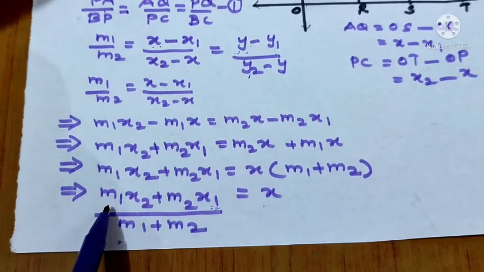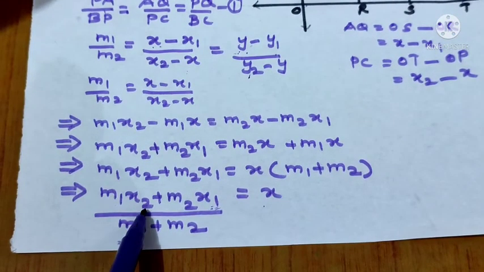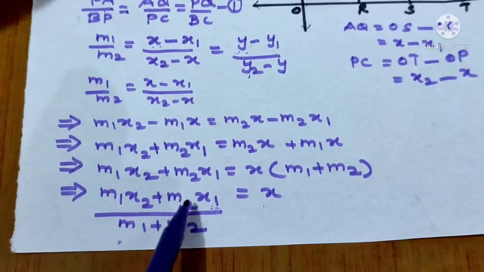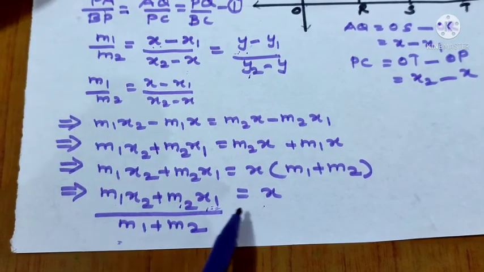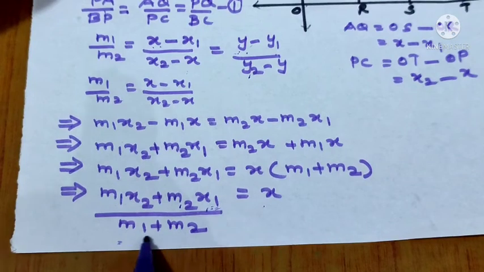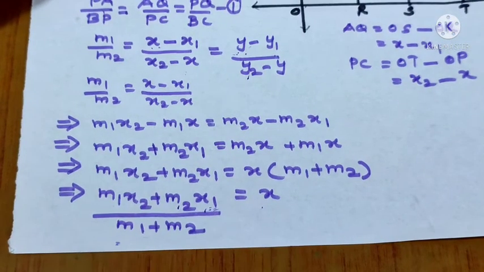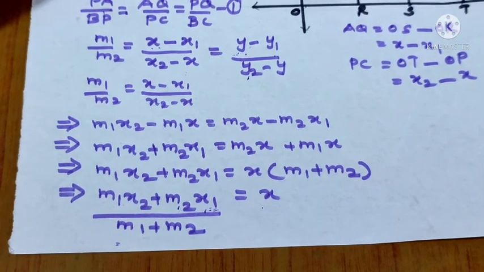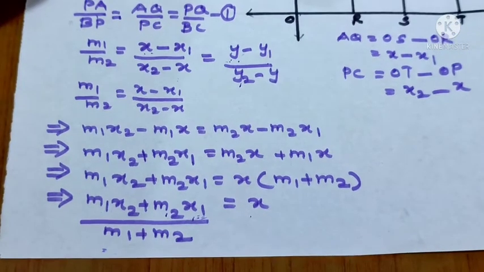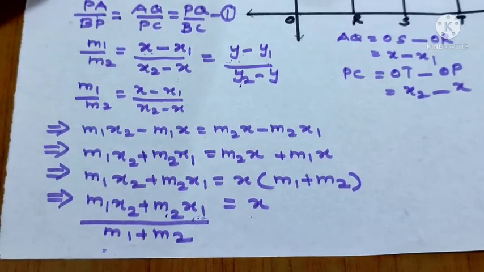See, m1 we are starting, then x will be x2, m2 we are writing, then x will be x1. Relations 1 and 2 we are getting. Here the sum of the ratios is in the denominator. While doing the sum you can remember the formula easily also. Now similarly the y coordinate we can calculate.